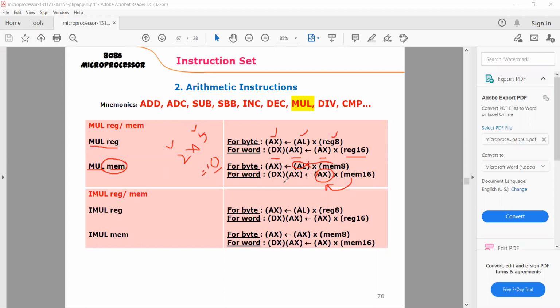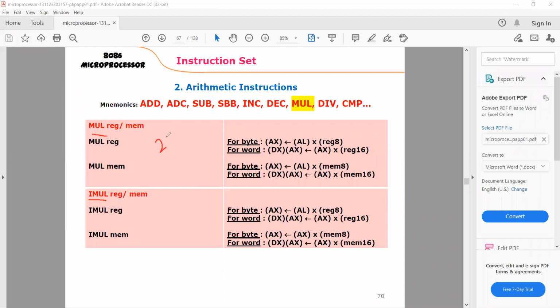And similarly, IMUL. What is this IMUL? IMUL represents signed multiplication. That means MUL does not bother about the sign.